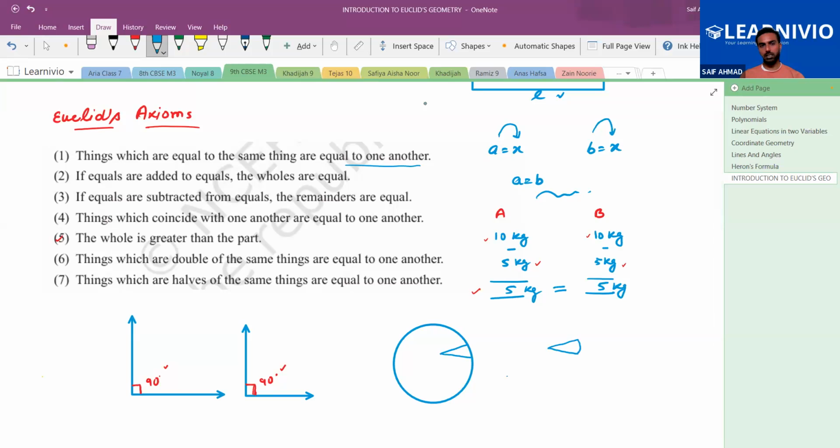You can see that the whole is greater than the part. So this remaining whole is always greater than the part. Understood? Note it down.